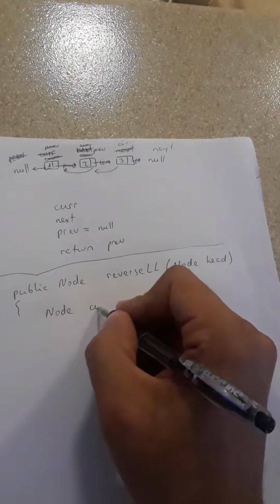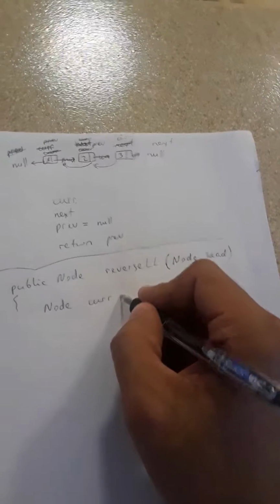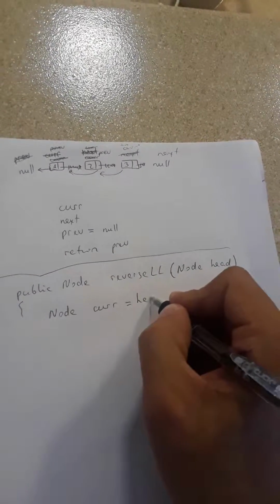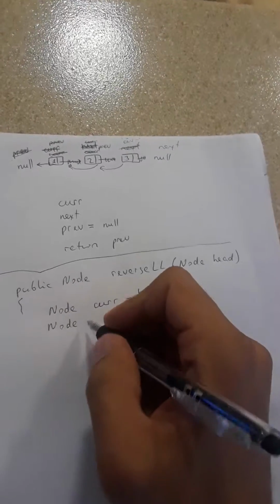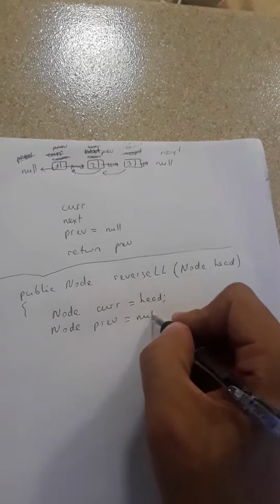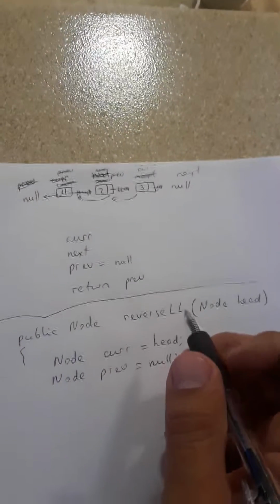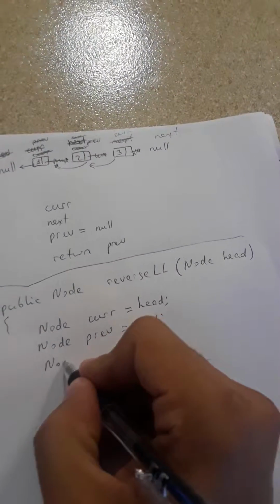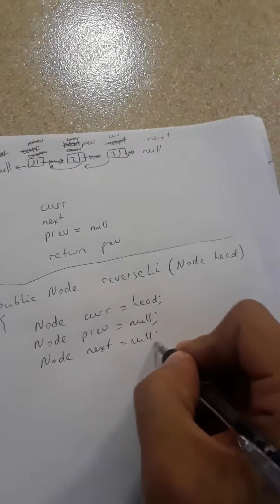I will declare three nodes as I was explaining in this example. Current will be equal to head, previous will be null as its initial value, and node next also will be null at the beginning.